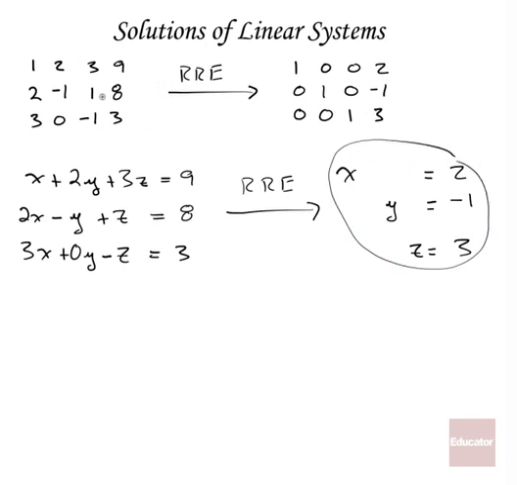The matrix represents the linear system, converted to reduced row echelon form. That's one of the reasons why we like these 1s in these positions and zeros everywhere else, because it just gives you the answer. x is one thing, y is another, and z is another. And in this particular case, we have a solution, so it is a unique solution. For this particular system, there is no other. It is unique.